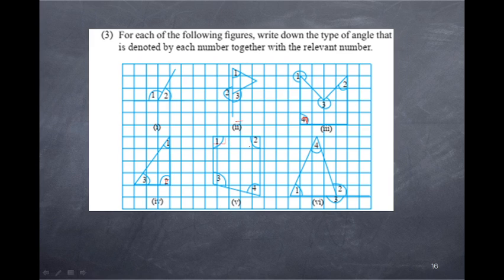The second one is also a right angle. The third one is obtuse, the fourth one is acute. Look at the sixth picture. The first one is acute, the second one is obtuse, the third one is a straight angle, the fourth one is acute.